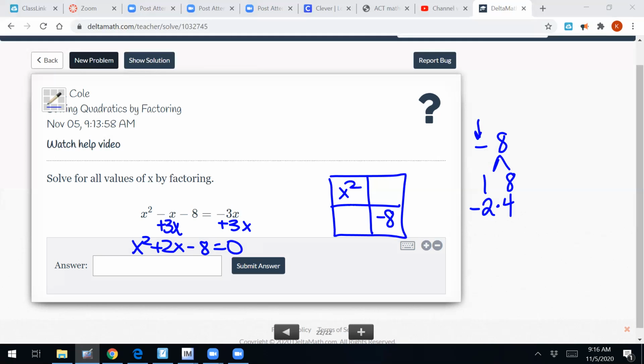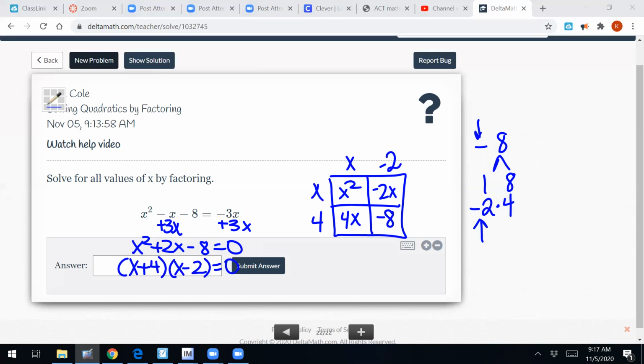So everything checks out. You got your box filled in. From there, you're taking your like terms, and remember we decided that we want 2 to be negative. So then we have x plus 4, x minus 2 equals 0.